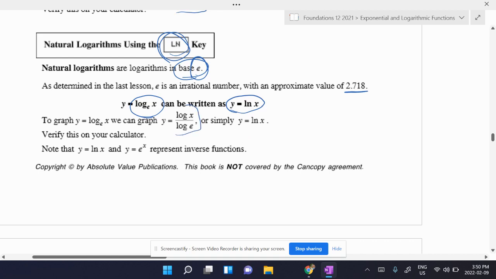So when you put it into your calculator, you do log x over log e. And then I also want you to look at y is equal to ln x. Put them both in your calculator and see what you find. Pause me, please.